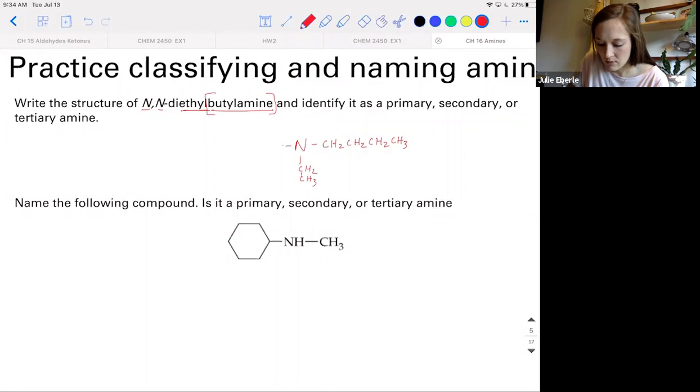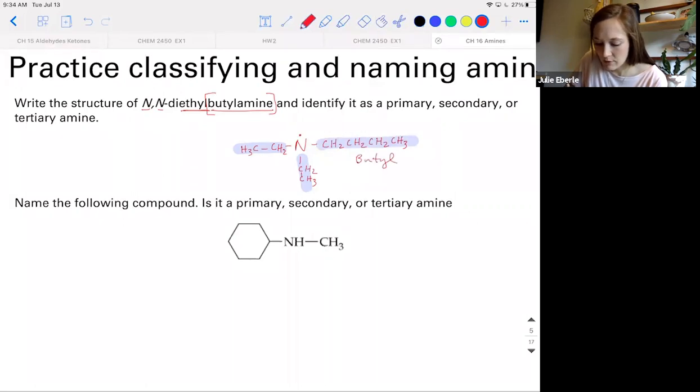Another C. People write this different ways. People will write it CH2, or they'll write the carbon first and the hydrogens after. So you see me write the methyl groups like this a lot. I hope that doesn't confuse anybody the way I wrote the hydrogens in. So this is an ethyl group. This is an ethyl group. They're both bonded directly to nitrogen. This right here is the butyl group.